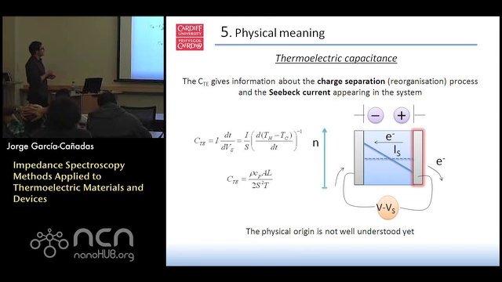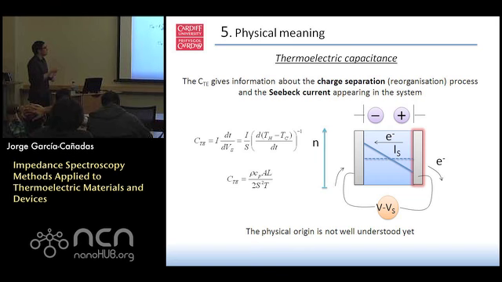And it also relates to the velocity at which the temperature difference is built. So this is a mixture of all these physical processes that can originate this thermoelectric capacitance.